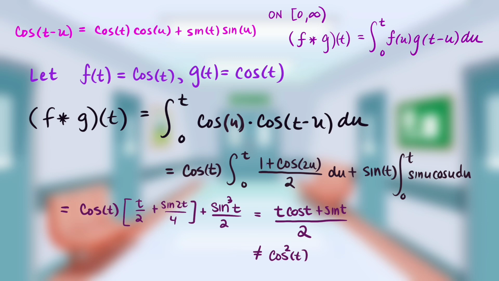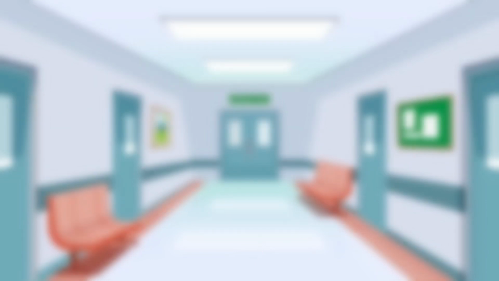And here we get t cosine t plus sine of t all over 2. And that is when we convoluted f cosine of t with itself. So there's some interesting properties and some interesting applications of convolutions that we'll be specifically interested in.